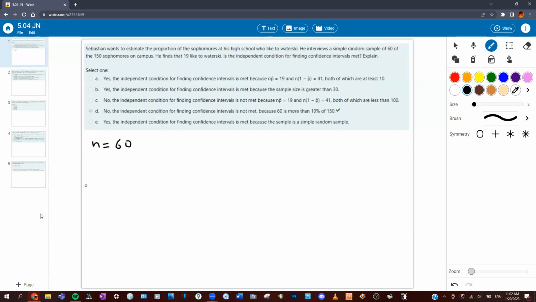Of the 150 total on campus, we can say the total number of sophomores is 150. He finds that 19 like to water ski, so x equals 19, and the proportion p hat is 19 over 60.